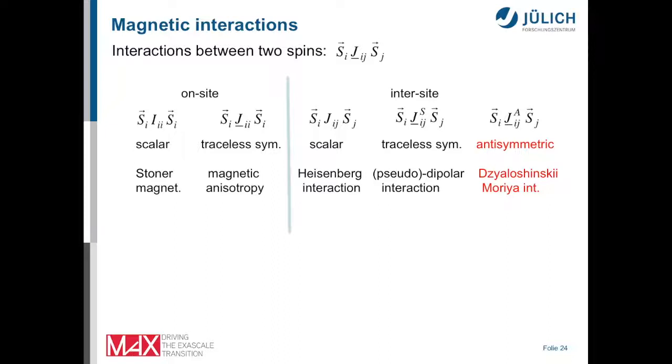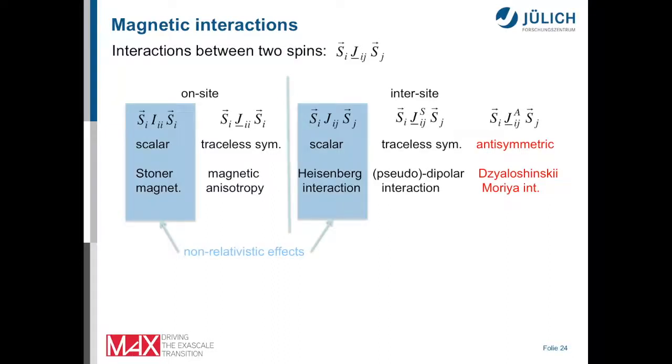And now we can distinguish between the case where i and j are the same, so to say the on-site interactions, and if they are different, the inter-site interactions, and then we can differentiate between the trace of this matrix, so to say the scalar part of the interaction, and the traceless symmetric and the antisymmetric parts of these interactions.